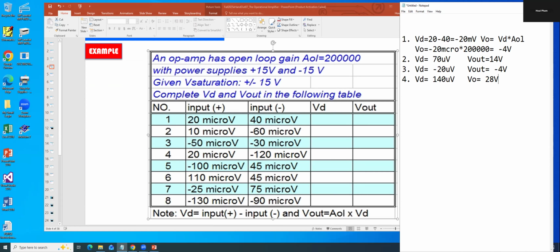So the op amp is already saturated. The max it could be, since it's a plus voltage, would be 15 volts, exactly. 28 is the right answer by the mathematics we did, but the rule says it can only be plus or minus 15.